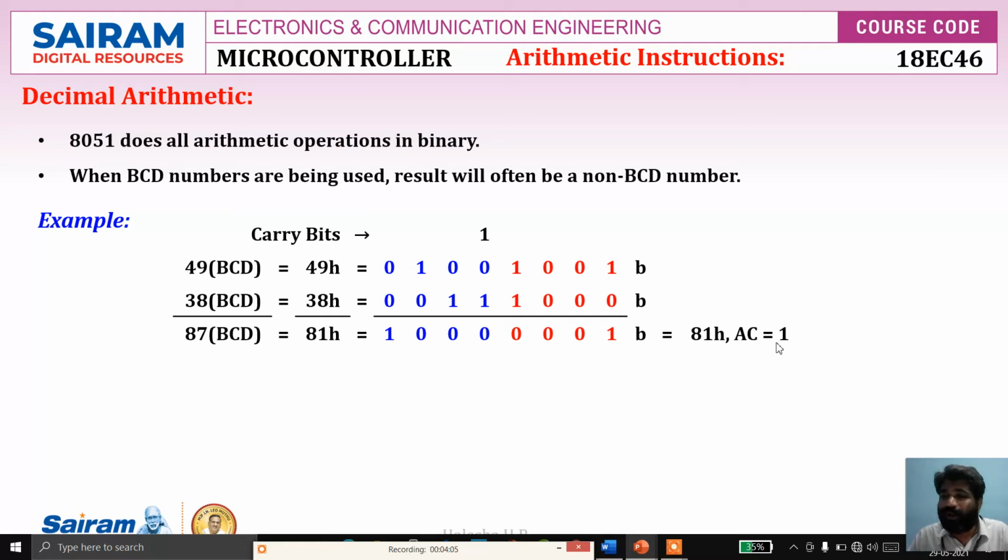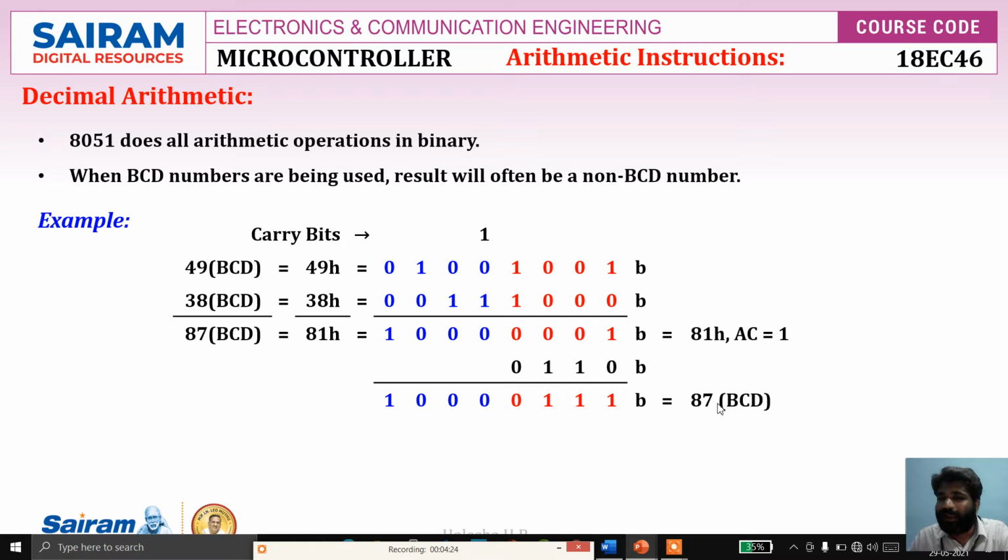So we need to adjust the result. What is that adjustment? We need to add 6 to the lower nibble, since the auxiliary carry flag is set to 1. When you add 6 to the lower nibble, it becomes 7, so it is 87, which we consider the correct BCD.